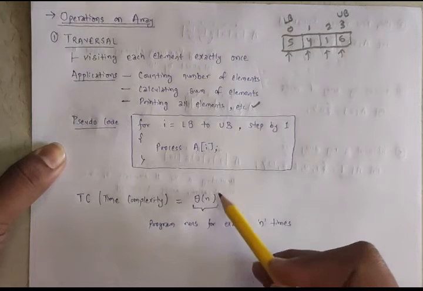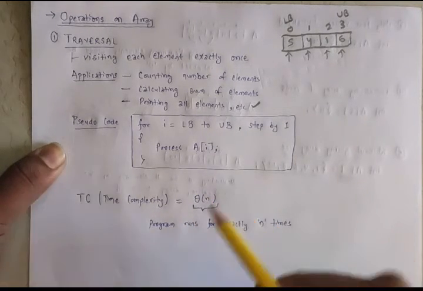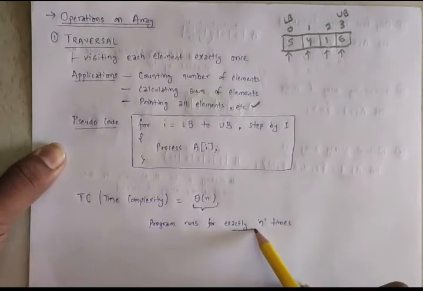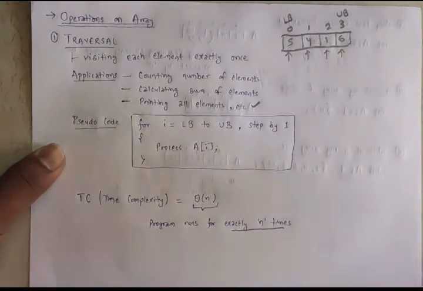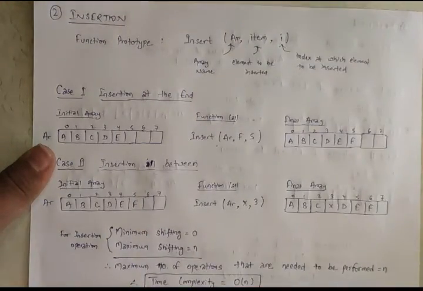So this is the asymptotic notation when a program or algorithm is running for exactly n times. Okay, so this is the time complexity of traversal. This is all about traversal.